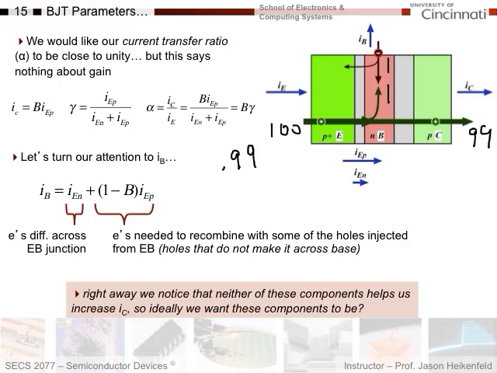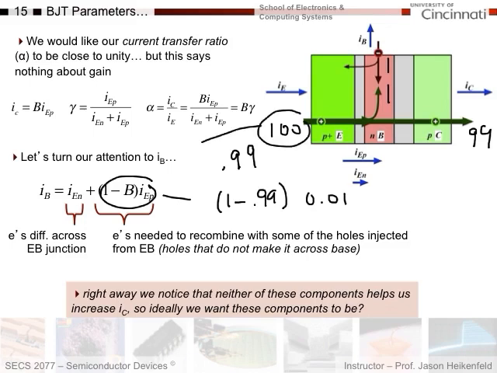And so if I do the equation, I've got 1 minus 0.99, which gives me 0.01. If I multiply that by the 100 coming in, which would be IEP times 100, that gives me 1, and that's how many I needed to recombine there.